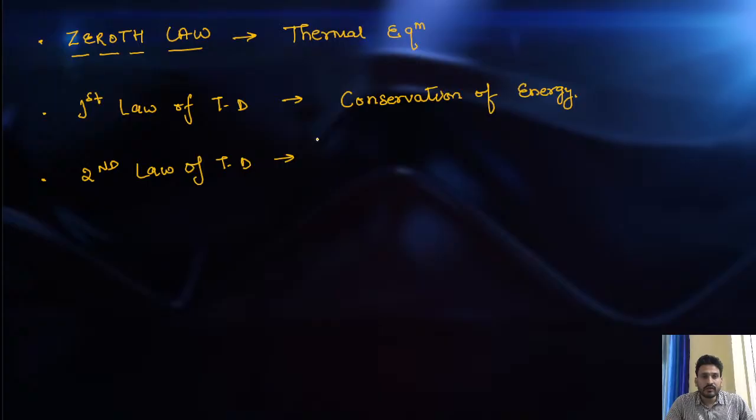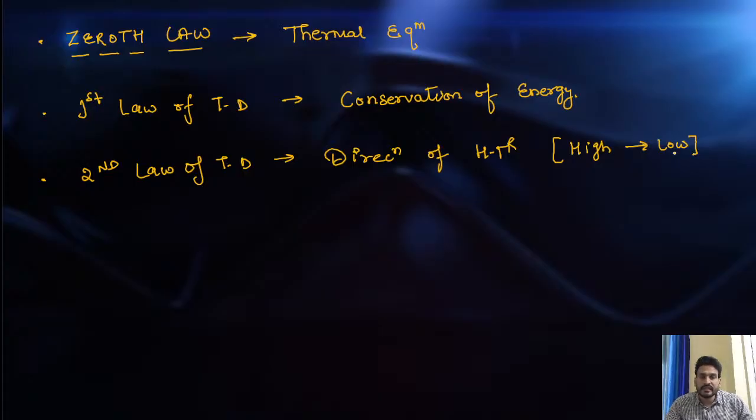Actually, the second law of thermodynamics is not related to entropy. The second law of thermodynamics is basically related to the direction of the heat transfer. Heat will always be transferred from high potential to low potential.